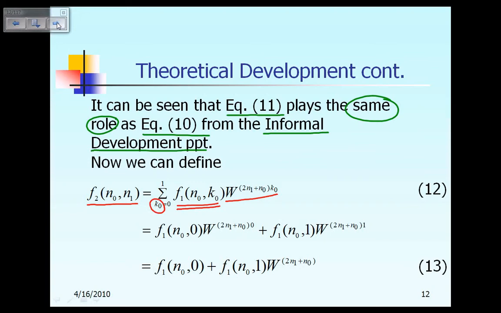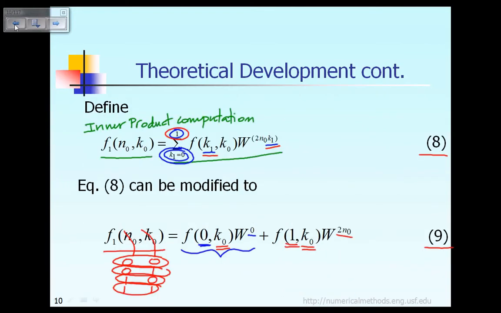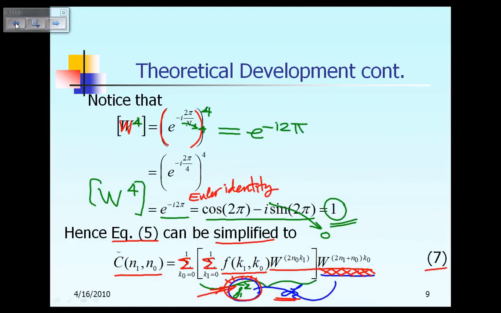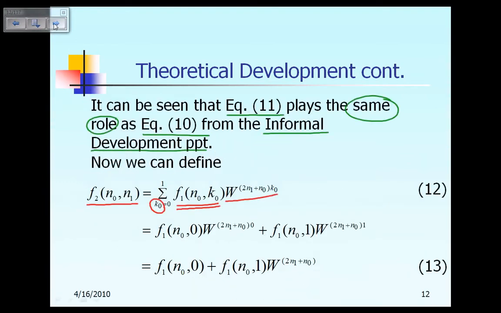Why do you do the summation on the index k0? The reason is that for the inner product, you already finished it. Now you have to do the summation on the index k0, as I showed you in equation 7. So the vector f2 is equal to the w raised to the power term times the vector f1 that you just calculated. This time you do the summation on the index k0.